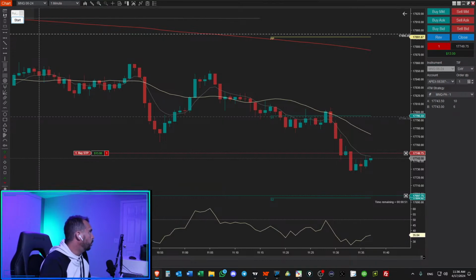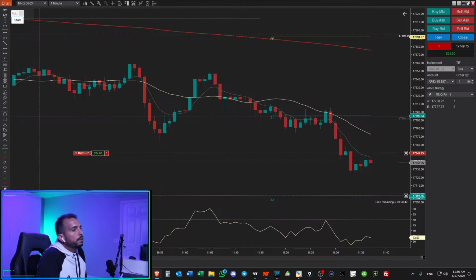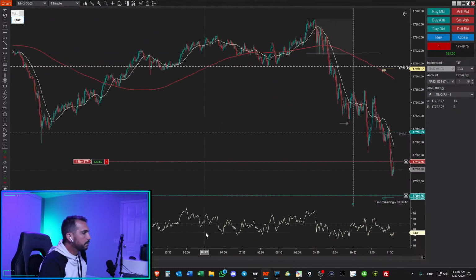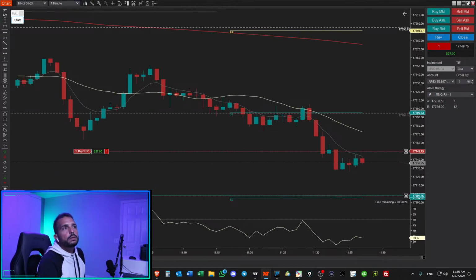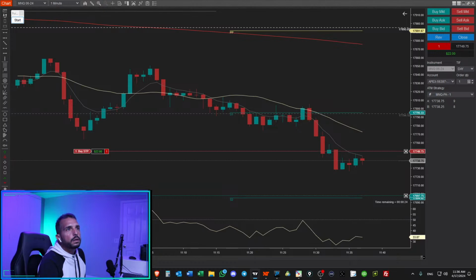I only copy traded one trade today. That was pretty good. I like that. Kind of like not copying. So how are we looking on support here? Let me go look at it on here. We're on the open.